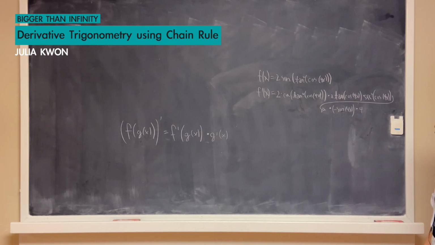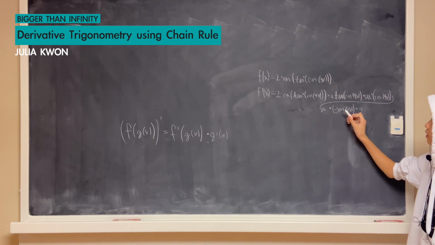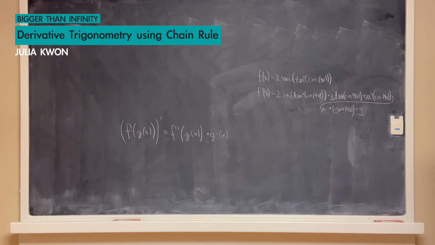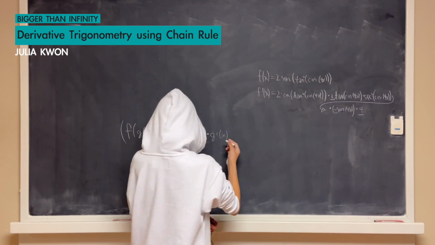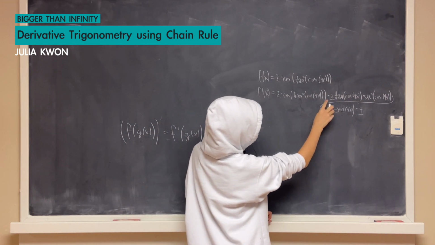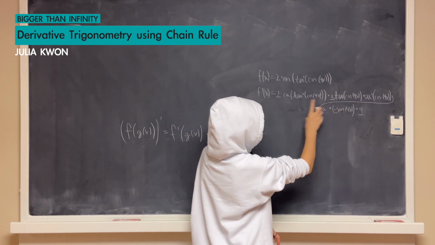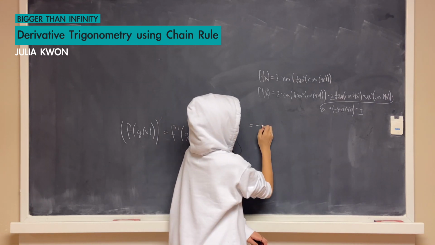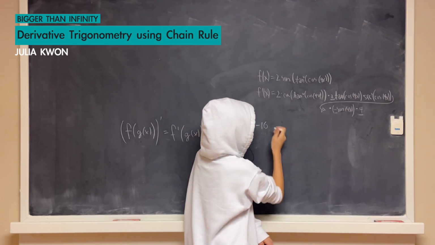And now we found it, and you can leave it like this, but I would simplify it more by multiplying the 4 here and the negative in front of the sine, and the 2 in front of the cosine, in front of the tangent. So if I do that, it looks like this. The negative goes in the front, and then 4 times 2 times 2 is 16, so negative 16, and we just write the rest of the things.